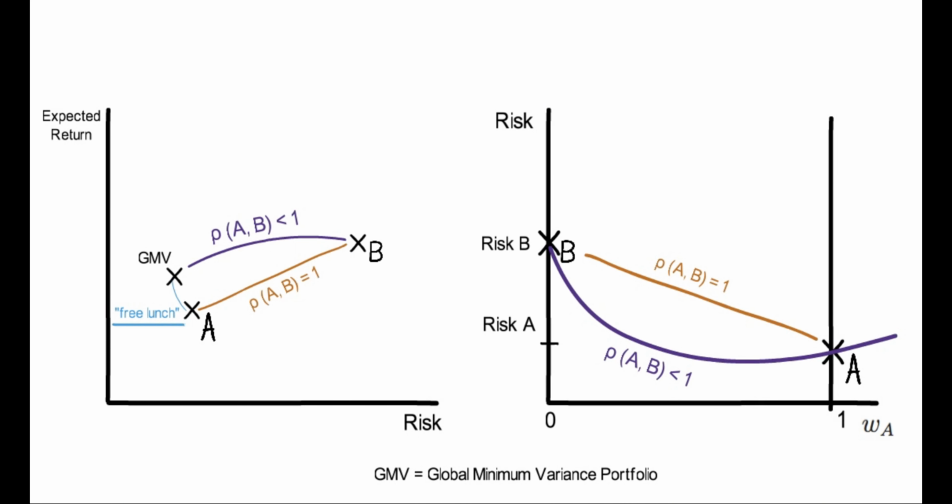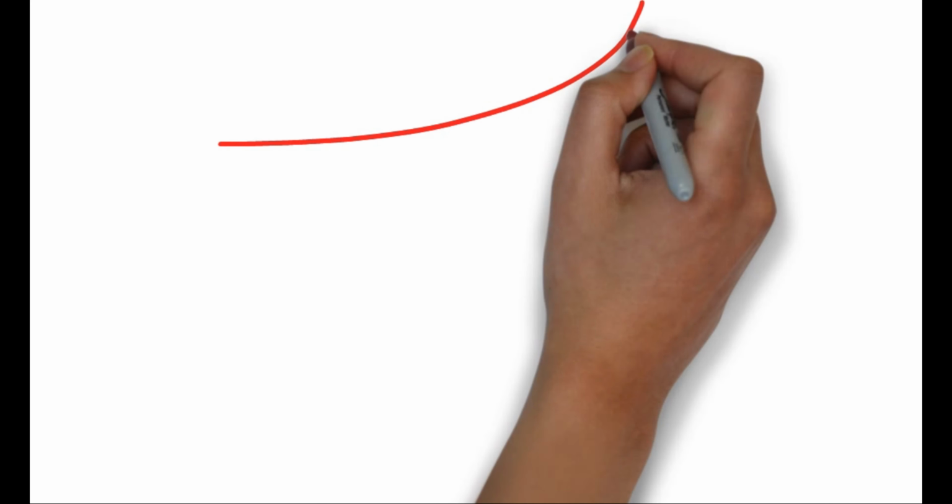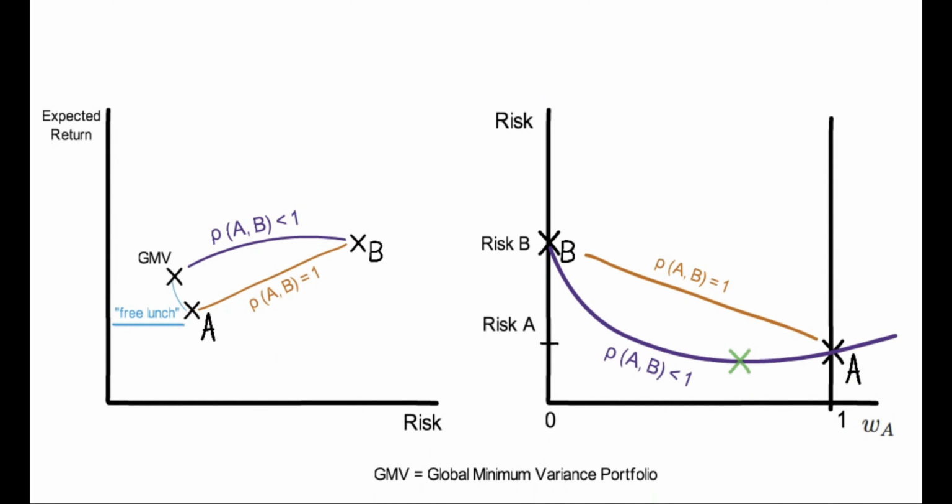For most practical settings, the correlation is below 1, and so holding a portfolio diversifies away asset-specific risk. Notice point 1 in the graph on the right. It's the portfolio with the largest diversification benefit. It's called the global minimum variance portfolio.